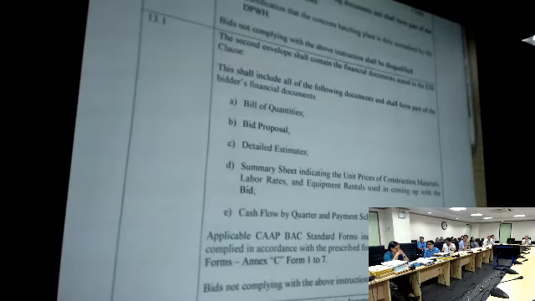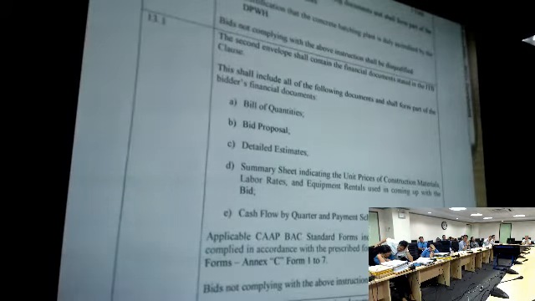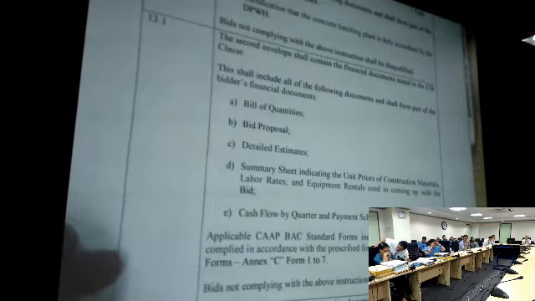Forms included shall be complied in accordance with the prescribed forms. Yun na nga eh. Sinabi lang natin, gamitin ninyo yung form 1 to 7. Okay? Ginamit naman nila.